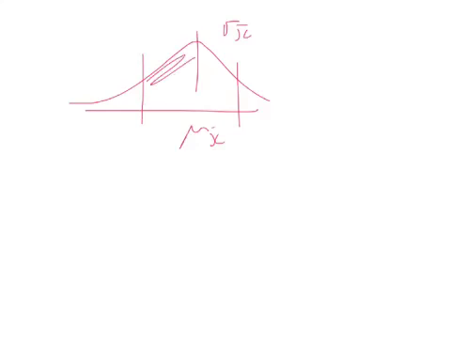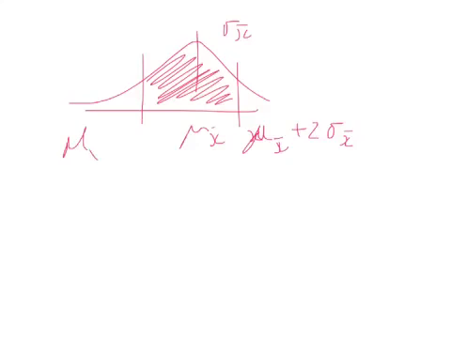If we have this population, mu, sigma, the sampling distribution of the sample mean would be mu x bar, sigma x bar. If we wanted the probability that a sample mean would be in that range, we could compute that. This value would be mu x bar plus z sigma x bar, and z is just the number of standard deviations it is away.